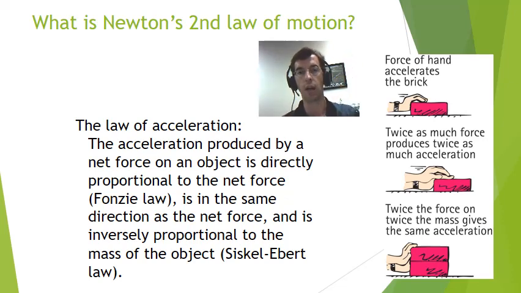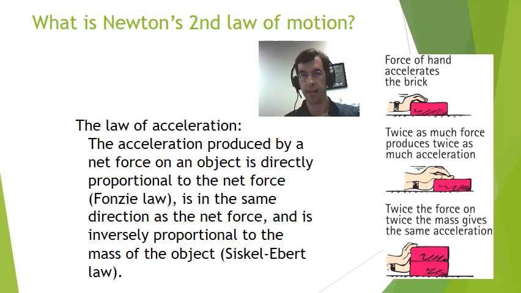Now let's look at the second clause. It says the acceleration produced by a net force on an object is inversely proportional to the mass of the object. This is what I call a Siskel-Ebert law. Remember, Siskel and Ebert were movie reviewers who came up with the whole thumbs up, thumbs down movie review system.